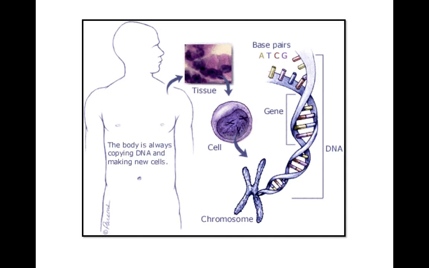I'm sure you've heard the term, but really a chromosome is just a bundle of DNA. It's just a bundle of DNA wrapped up really tightly around a protein called a histone. And if you unravel a chromosome, you actually have about 6 feet, 2 meters, of this long molecule called DNA.